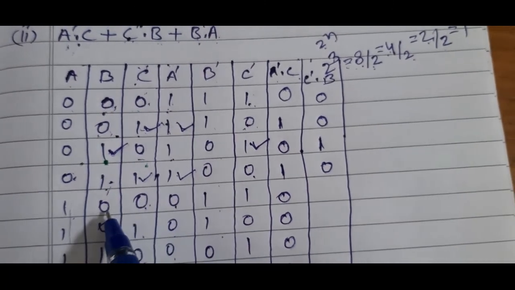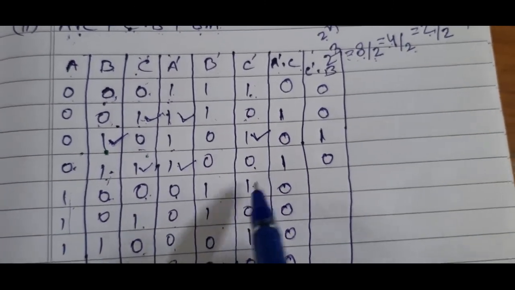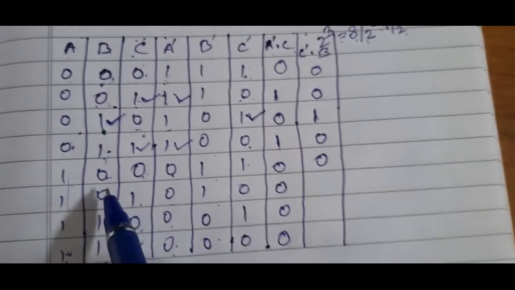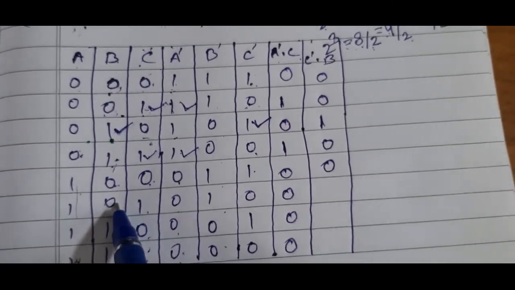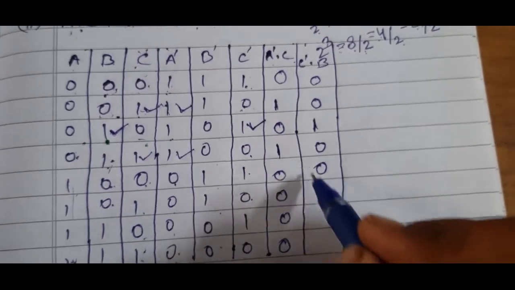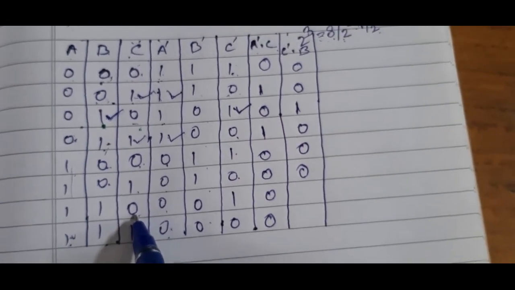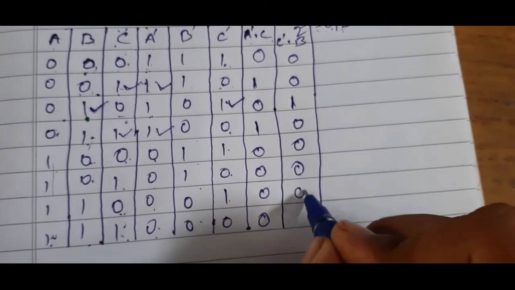Again, let's check, B is negative and C complement is positive, but the output will be negative. And next, B is negative and complement is also negative, so it will be negative. And in the third, this is negative and complement is positive, but it will be negative.